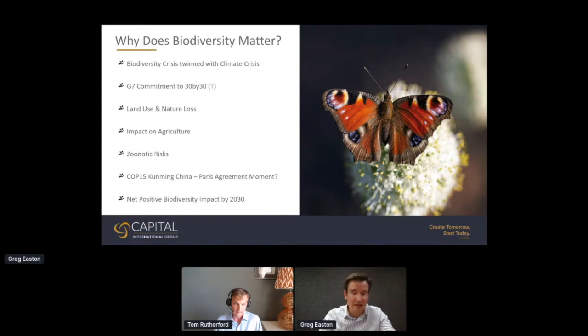Whether that's looking in an area around deforestation and loss of land for agriculture and monoculture crops like soy or palm oil, and seeing where they sit within a company's value chain, to something a little bit more fundamental, looking at things like zoonotic risks. Prior to the pandemic, most people will not have come across zoonotic risks.